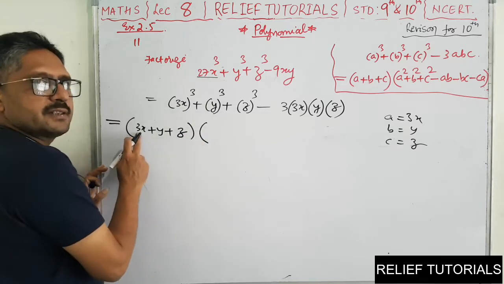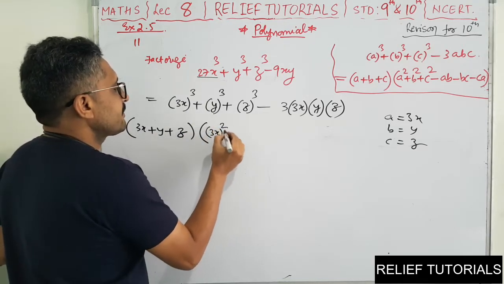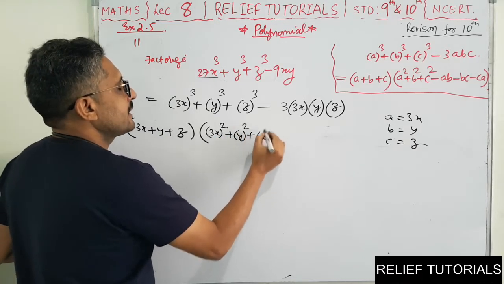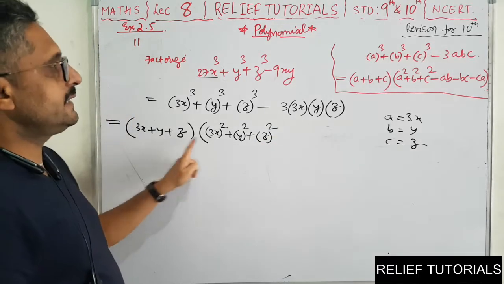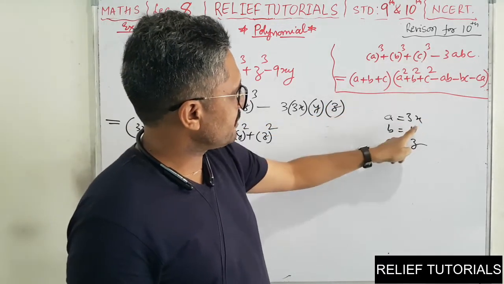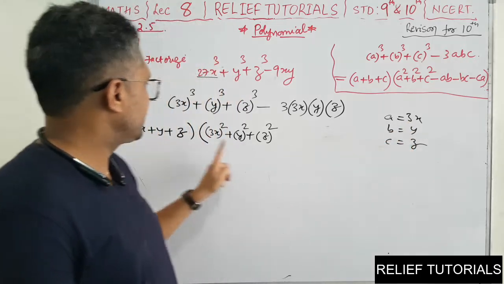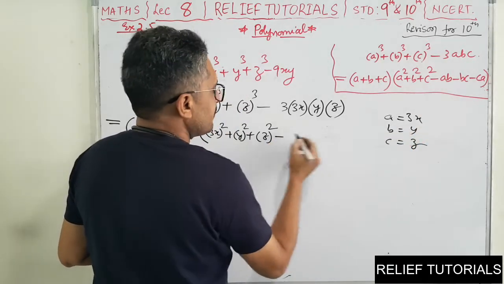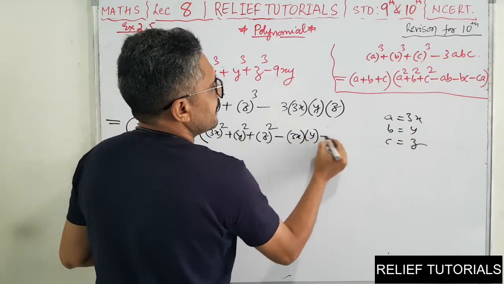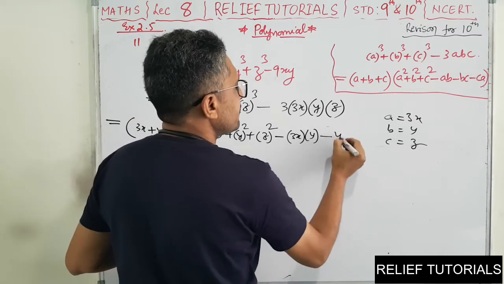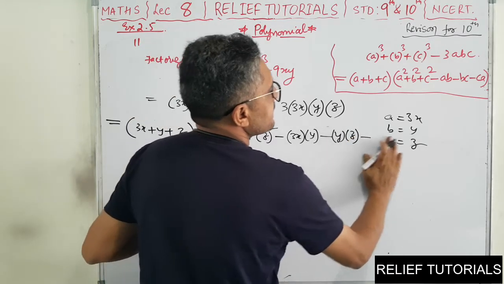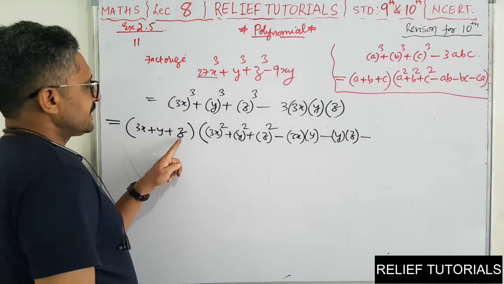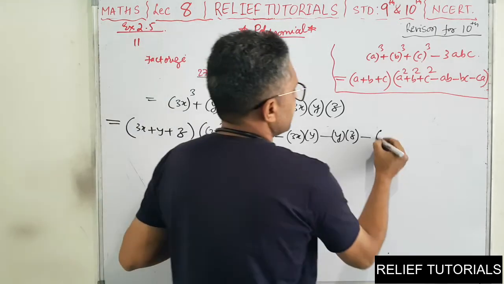In the second bracket, the square of this, that is (3x) square, then plus b square, that is plus y square, plus z square. So a square plus b square plus c square: (3x) whole square, y square and z square. Now minus ab, so you will get minus 3x into y. Minus bc, so you will substitute y into z. Minus ca, so c is z and a is 3x.